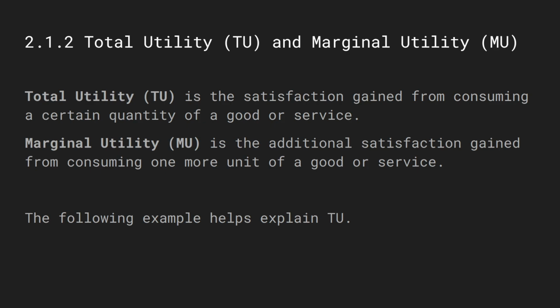Marginal utility refers to, if we consume one more unit of any good, what would be our satisfaction level. And total utility just talks about any satisfaction level at any point of time. And marginal utility is just the derivative or the slope of the total utility curve.